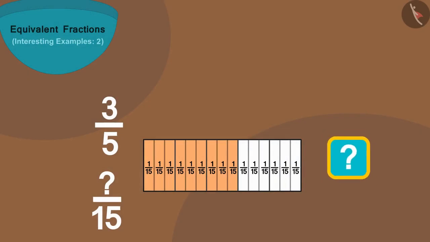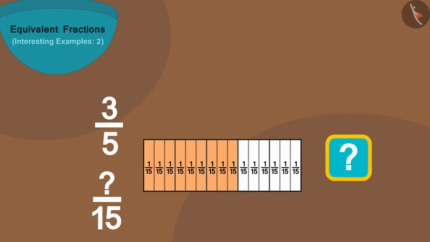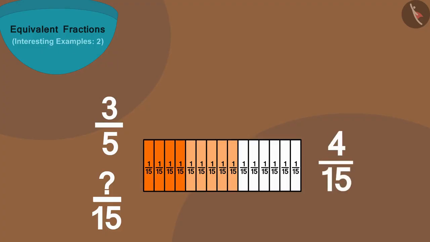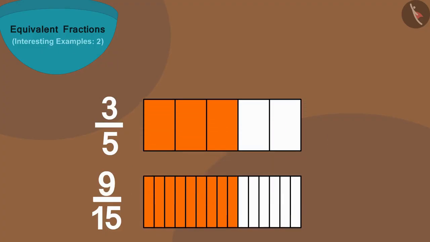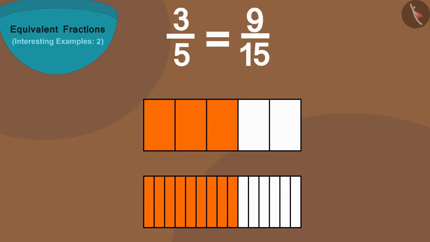Can you now tell how many parts out of 15 are equal to 3 colored parts of the bottom strip? Let's see. Yes, 9 parts. In this way, 3/5 is equal to 9/15.